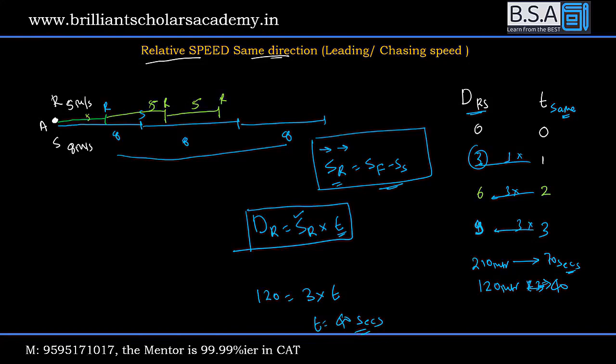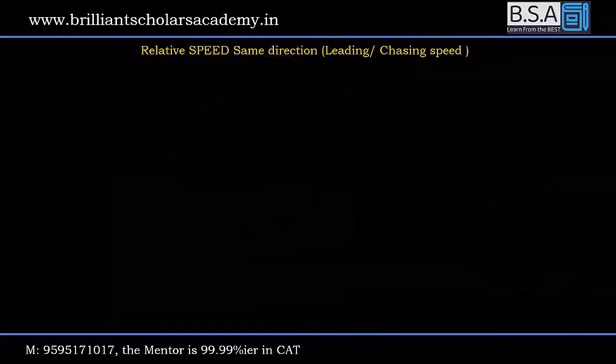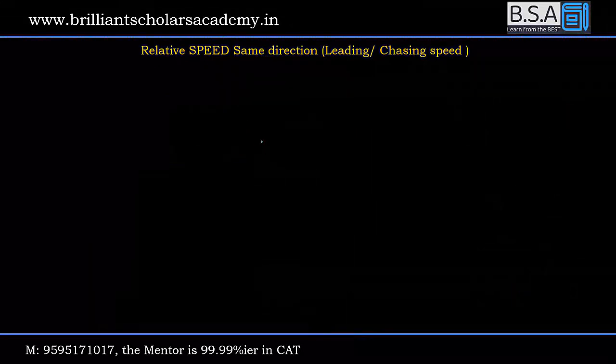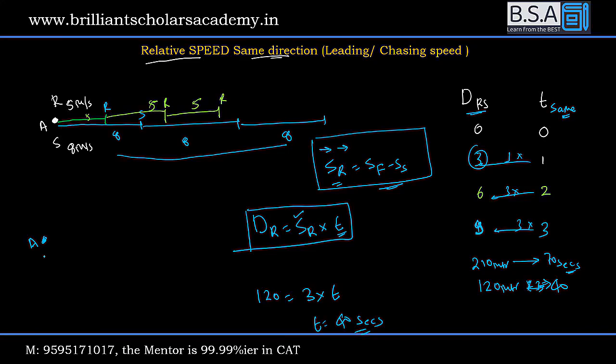Now I want to apply a similar thought process in a case. In this case, there is one more way to look at it. Listen to this. We don't suggest this approach for you to apply in the exam. Suresh has a speed of 8 meters per second.